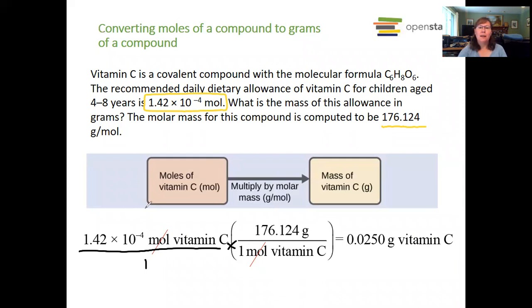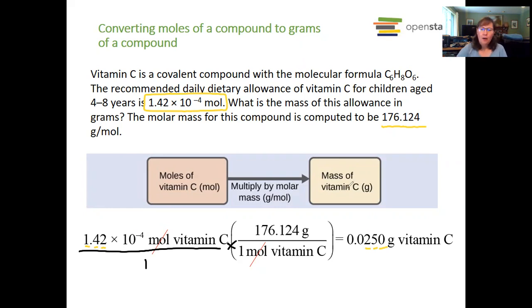Now in this case, we can see that we have 1, 2, 3 significant figures, and here we have 1, 2, 3 significant figures. Okay, so we're good. What would this actually look like if we were to calculate it? 1.42, and now I put in whatever I use for scientific notation, 10 to the -4th, okay, and multiply that by 176.124.